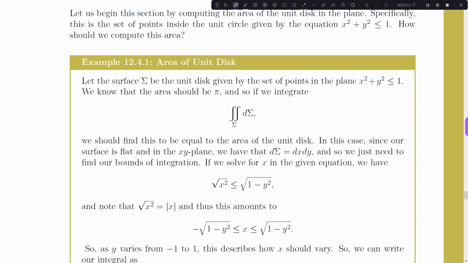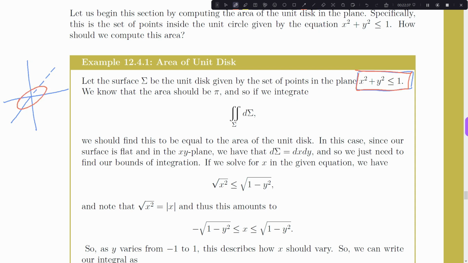This is going to be the area of the unit disk. It's somewhat of a trivial example, but we should go through it anyway. Thinking about the disk as a subset of R3 now, all of these surface integrals exist as a subset of R3. So the unit disk, which is x squared plus y squared less than or equal to 1, looks like this.